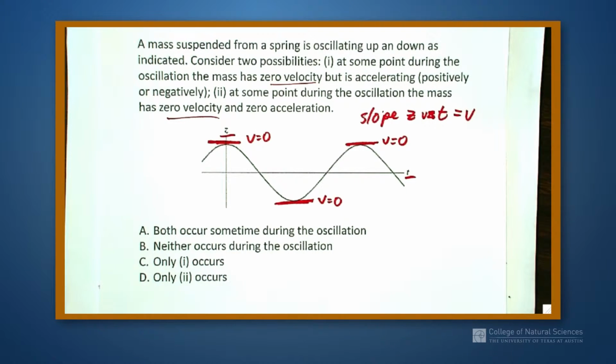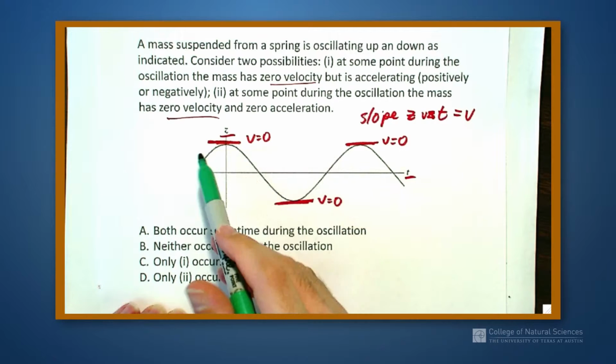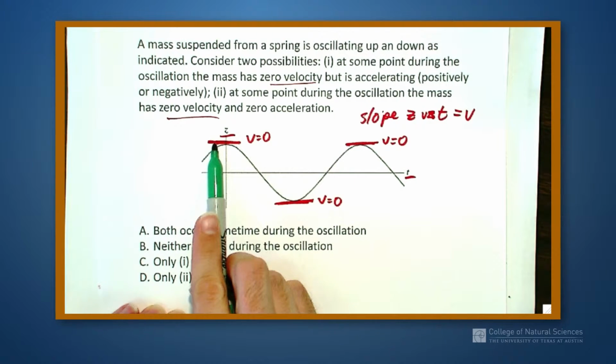And we want to know what's happening to the acceleration during these points. Let me grab a new color, and we're going to look at the acceleration. If I look at this first point, the velocity was positive, right? It's going more and more towards a positive z, so it has a positive velocity.